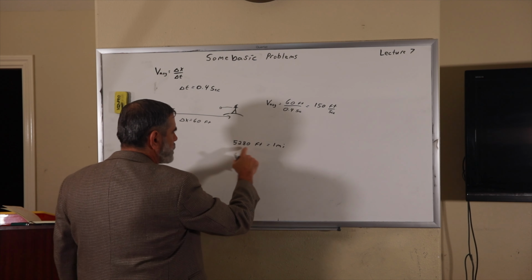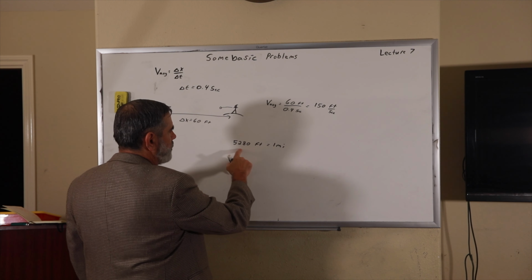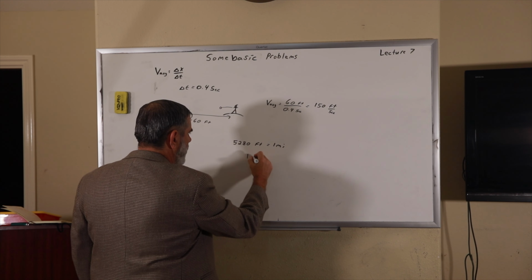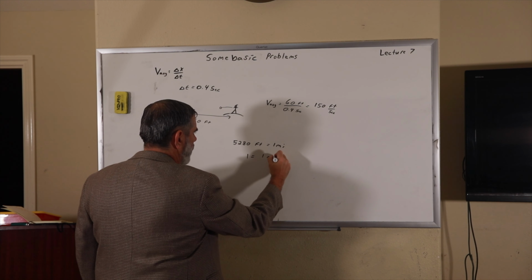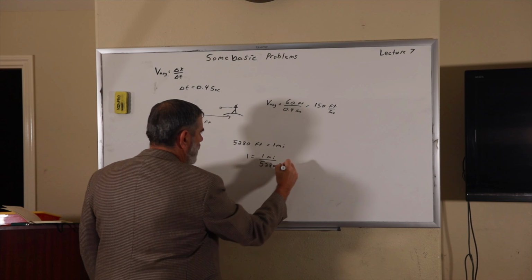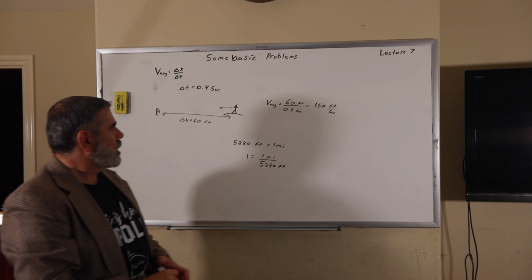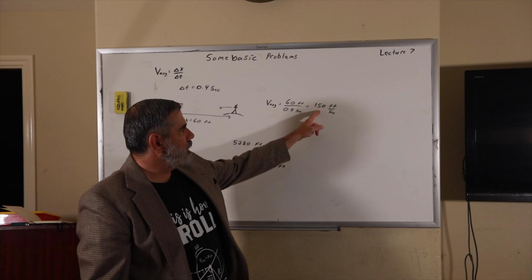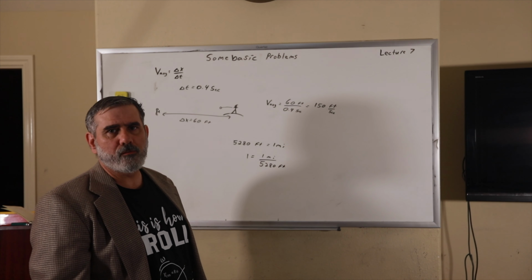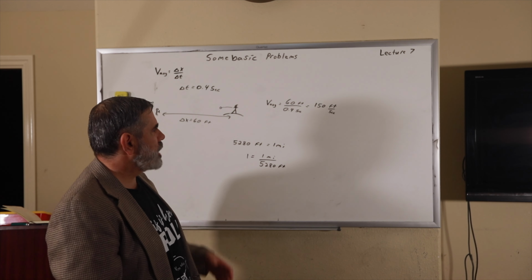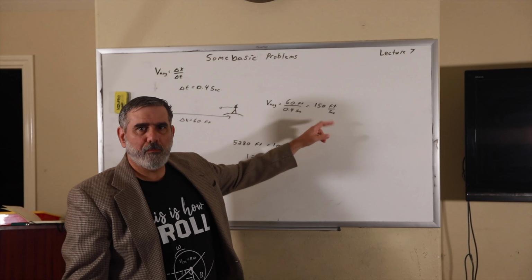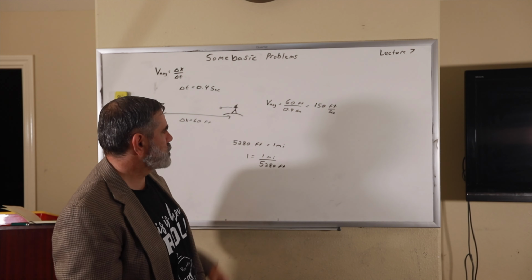If I divide both sides by 5,280 feet, I get that 1 is equal to 1 mile divided by 5,280 feet. Multiplying a number or an equation by 1 is perfectly fine. It leaves it completely unchanged. We don't change anything about the quantity, other than maybe the units, which is what this is doing for us here.